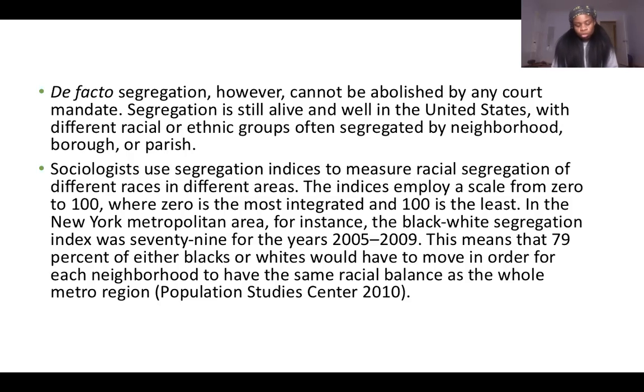But for those of you who live in Massachusetts, have you ever wondered why there is such a distinct racial divide between the North Shore and the South Shore? Okay, I live in the North Shore.